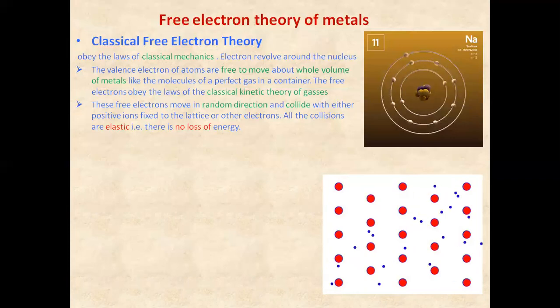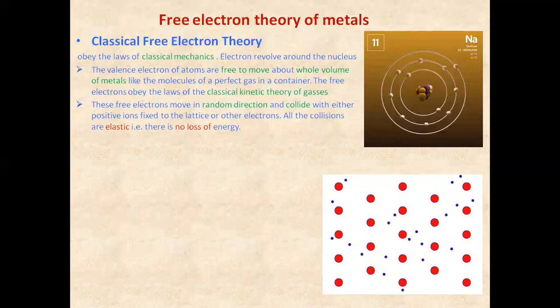In an elastic collision, there is conservation of momentum and conservation of kinetic energy. That is, the momentum before the collision and the momentum after the collision is the same. Similarly, the kinetic energy before the collision and after the collision is the same. Okay, that is the elastic collision.